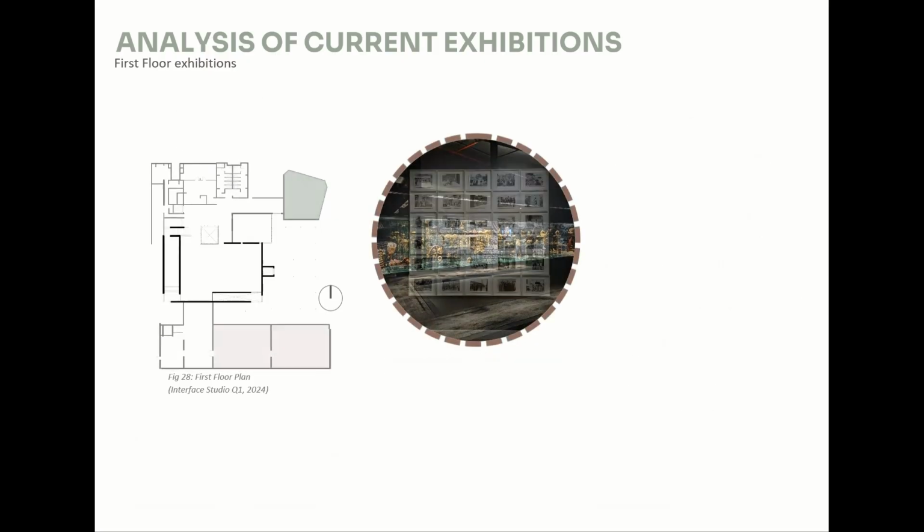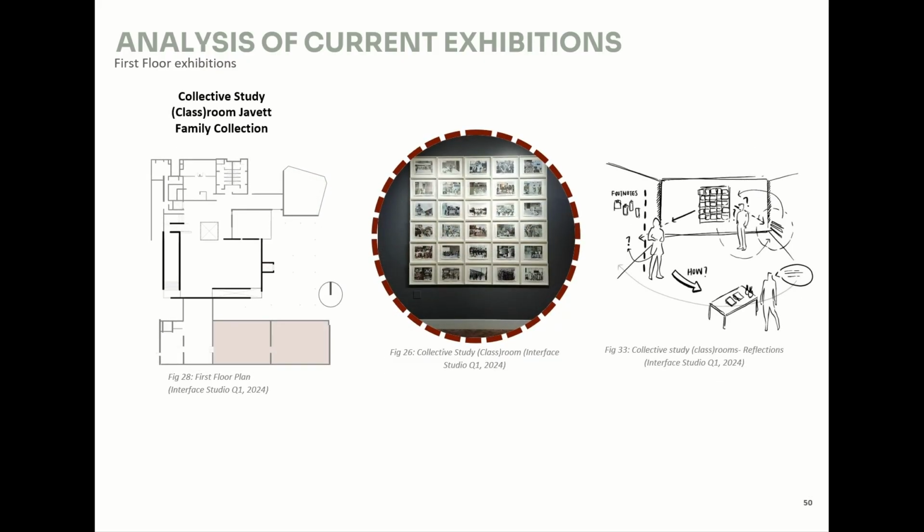Finally, the Collective Study Classroom, Javed Family Collection. This is a reverse curatorial process that is organized in an open classroom or collective study, featuring Sam Nhlengethwa's lithograph titled Glimpses of 50s and 60s, 2002 to 2003, and Cecil Skotnes's Last Supper.